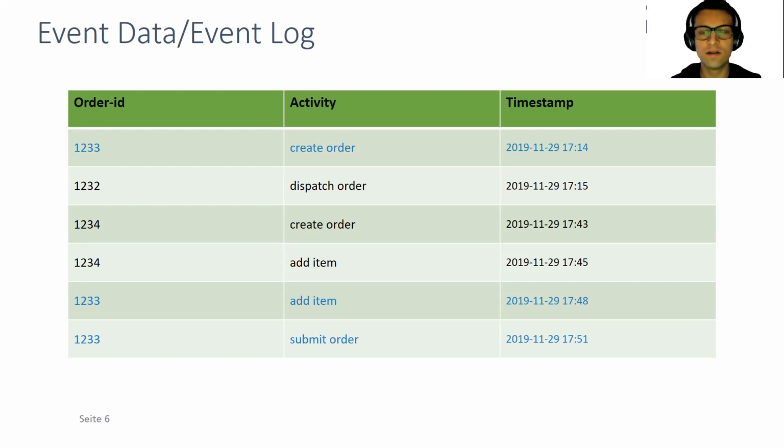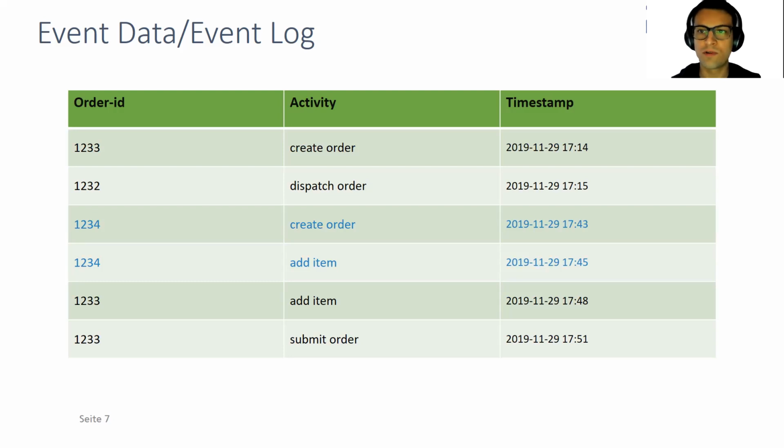Now, if we go a bit further down the table and we look at the last two rows in this table, we see that there was also an item added to our Christmas present, and finally that order was submitted shortly after. And what's interesting is that if we look a bit closer, we see another recurrence of an order ID.